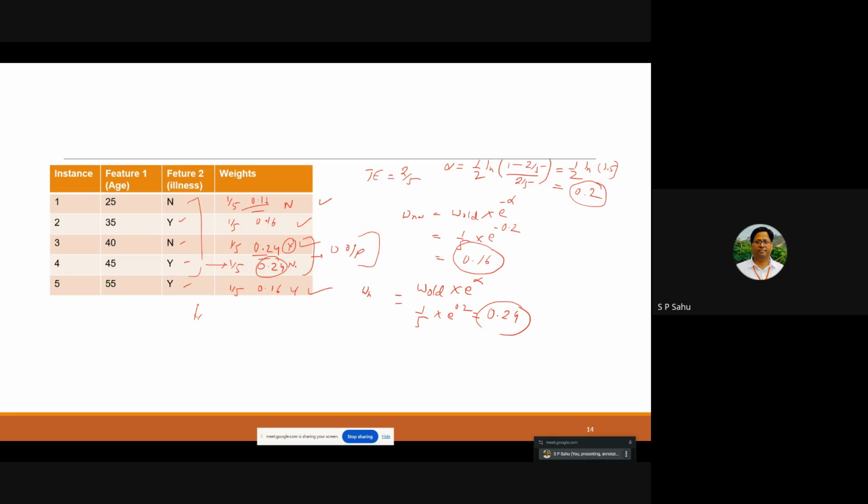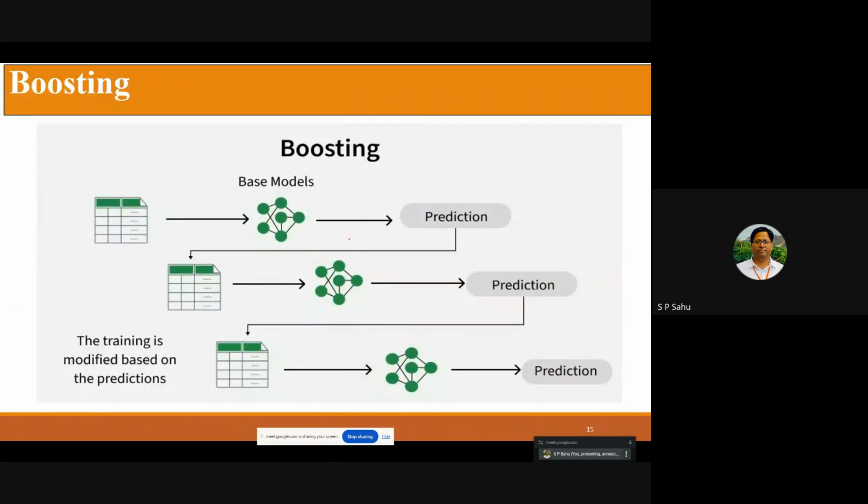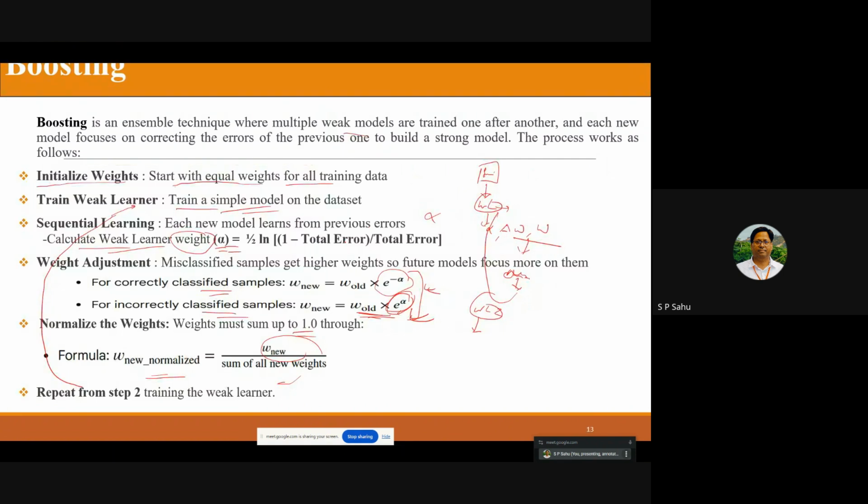For this error, the alpha value will again be calculated, and the weight term will again be boosted, then we call weak learner 3. It will check and may give the correct response for all the samples, and thereby this algorithm will be completed. Okay, normalization will also be there.